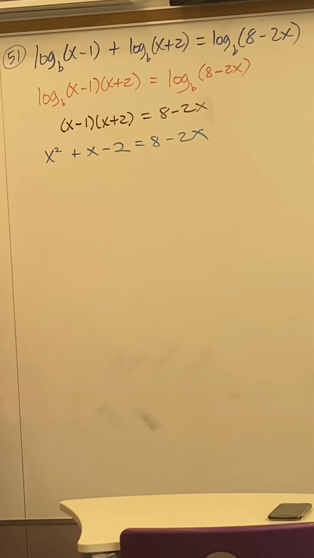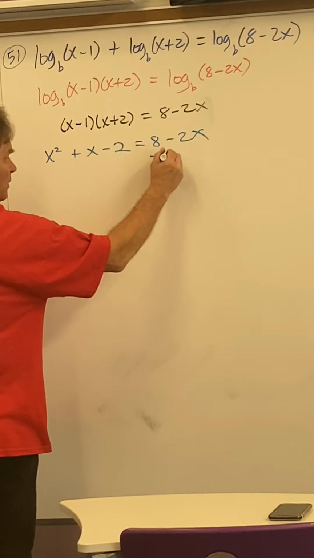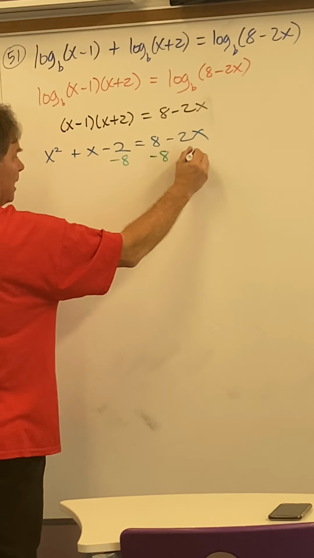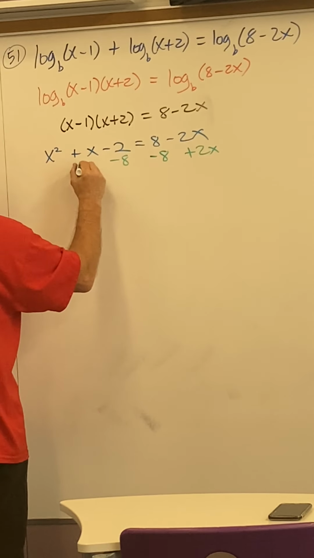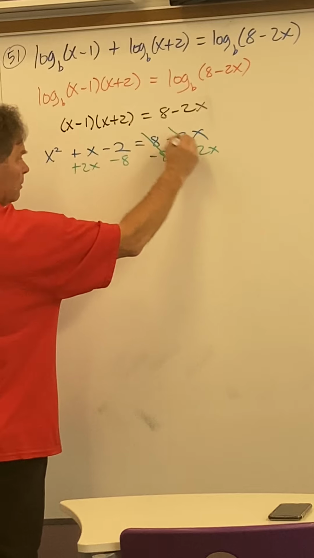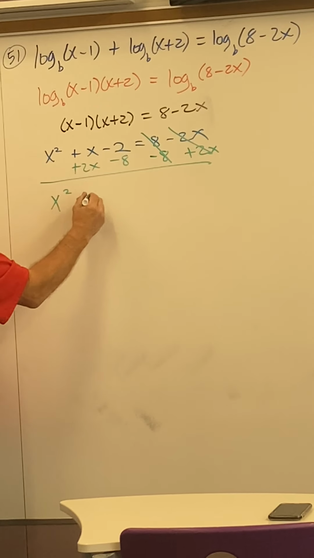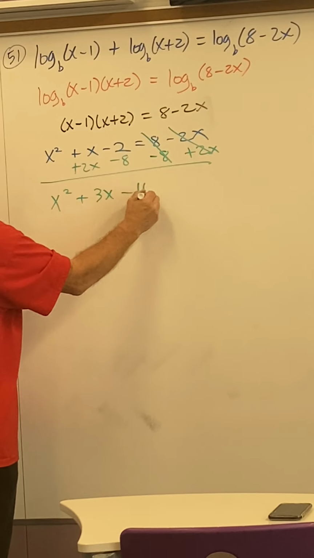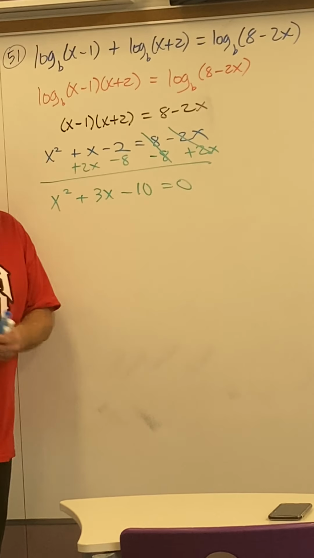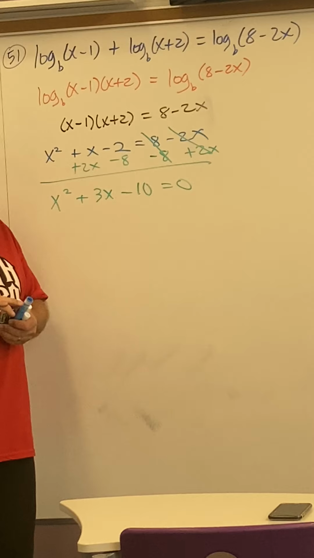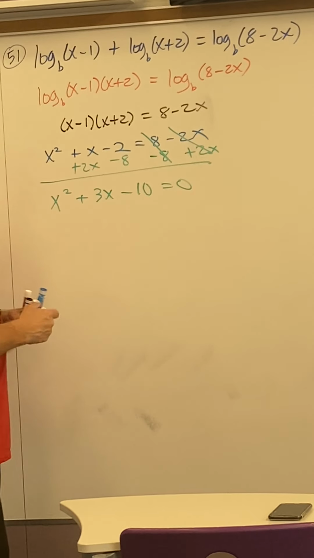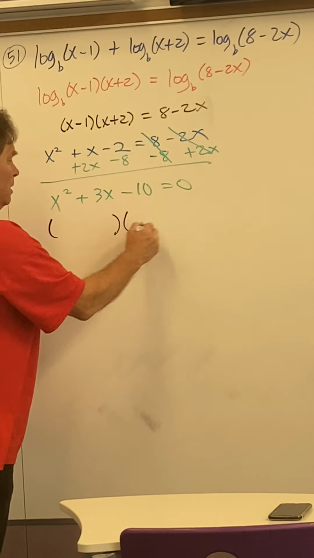I want this side to be the 0. So I'm going to minus 8 from both sides, and I'm going to add 2x to both sides. Sure enough, that makes that 0 and that 0. And it gives me x squared plus 3x minus 10 equals 0. And I'm going to hope that that thing factors. If it does, I'm in luck.